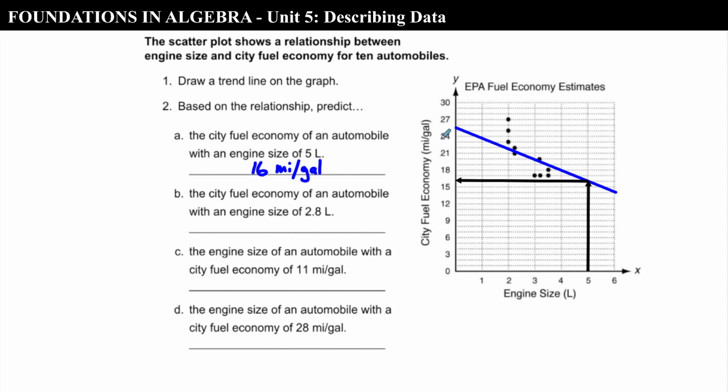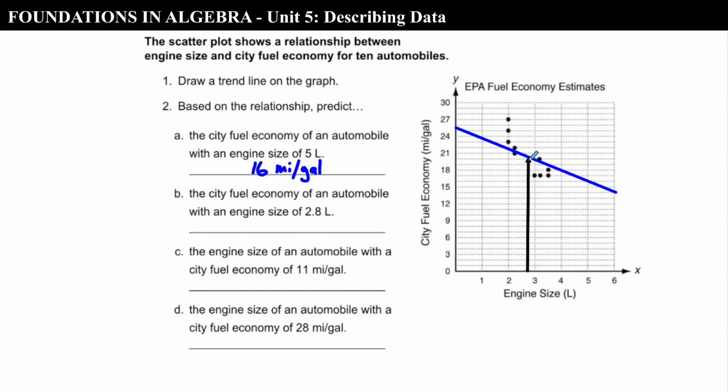Now we are going to do the same thing with the next one. Let me get rid of these, and let's take a look at the city fuel economy of the automobile with an engine size of 2.8 liters. Well, 2.8 liters is going to be about here.